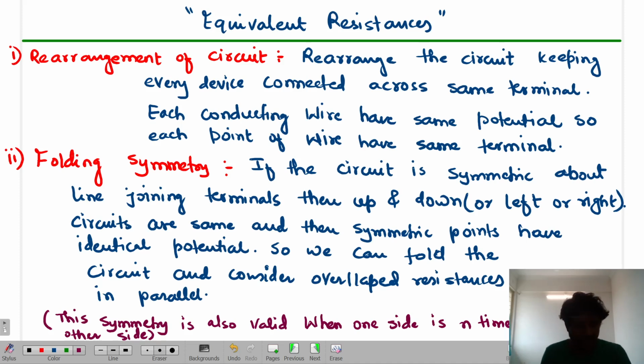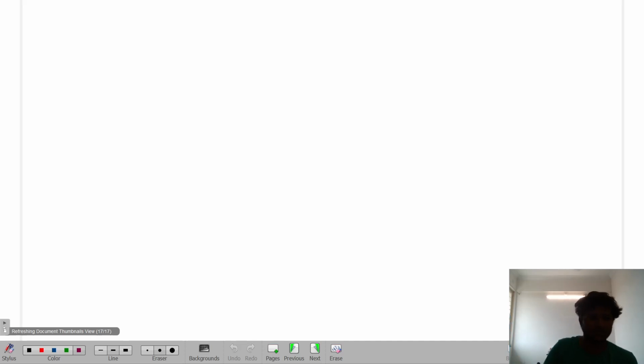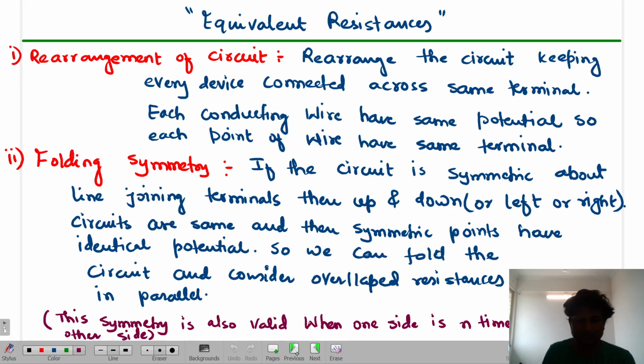This symmetry is also valid if one side's resistances are n times the other side's resistances. Are you able to get me? Got it or not? Is that clear? Okay, now look over here, then also it is in parallel. It will be considered in parallel.